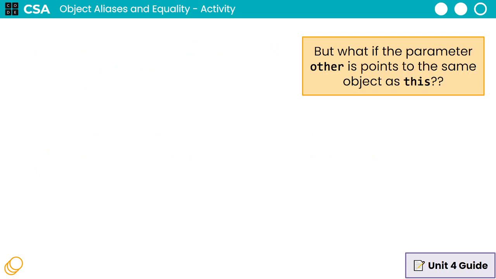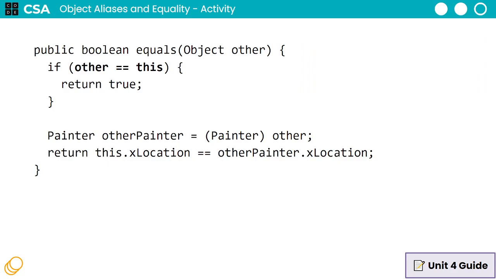But what if the parameter other points to the same object as this? We can put in a test for that. If other is this, so if they're aliases of each other, then it should return true.